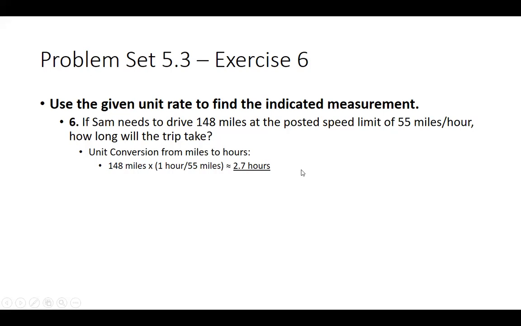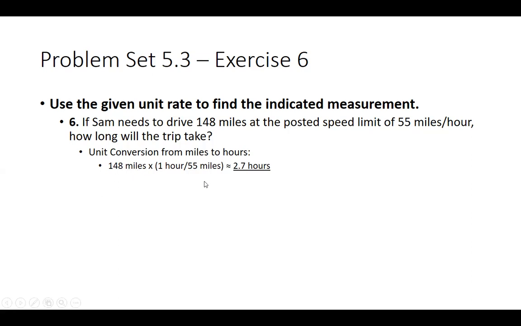Number 6. If Sam needs to drive 148 miles at the posted speed limit of 55 miles per hour, how long will the trip take? We're going to convert from miles to hours, and we're starting with 148 miles.